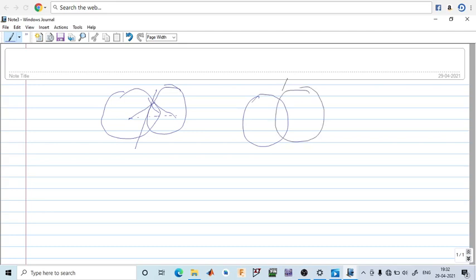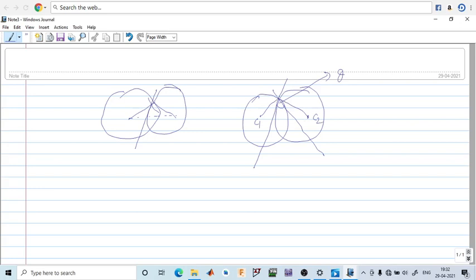Suppose we are drawing a tangent like this. The angle between the two tangents is theta, and suppose this is center C1, this is center C2. Then theta is the angle of intersection of the two circles.